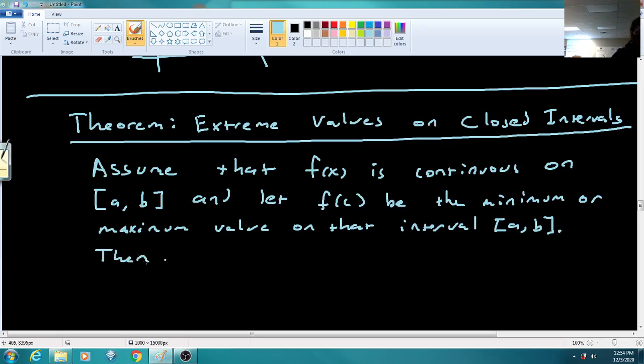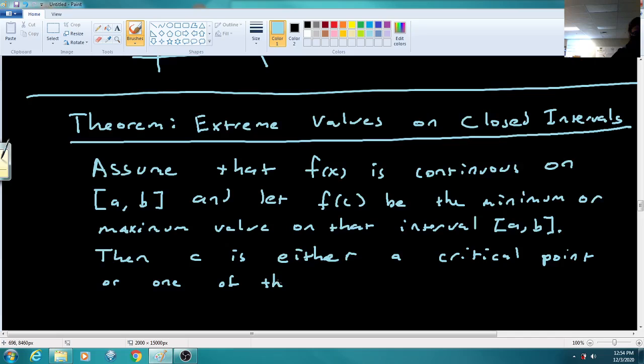Then c is either a critical point or one of the endpoints, either a or b.